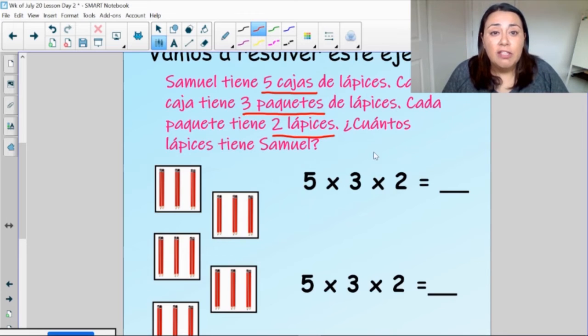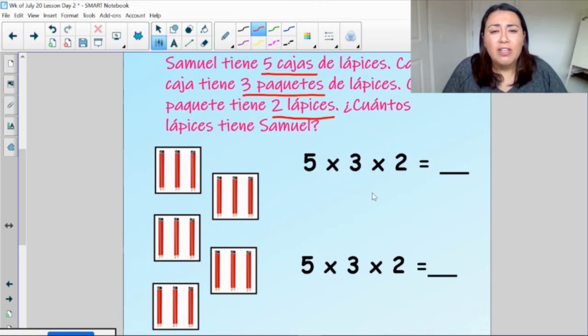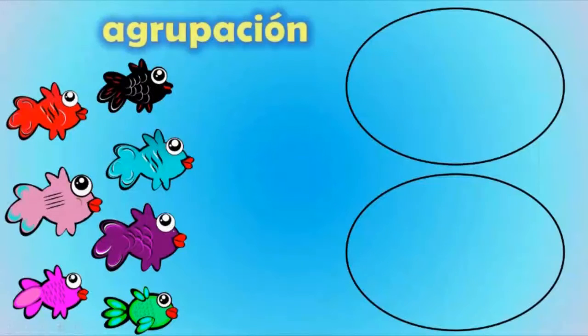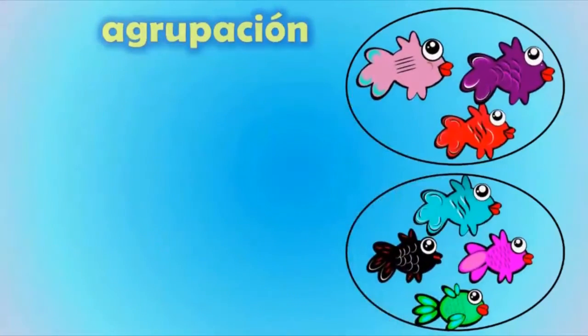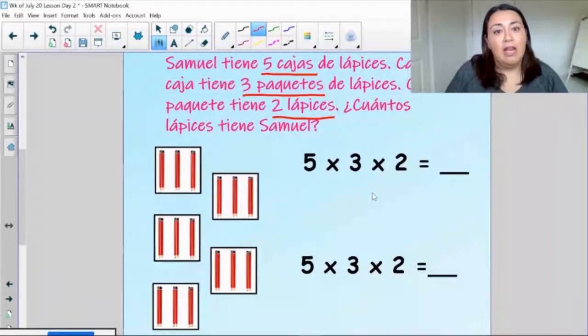Entonces, para empezar, yo hice un dibujo porque yo soy una persona que me gusta ver las cosas, visualizarlas. Entonces, no se me hace difícil ver cómo estaban juntos los paquetes y la agrupación, poner en grupos de los lápices.